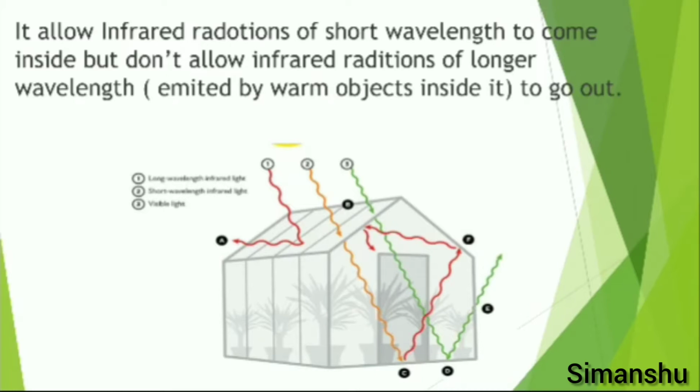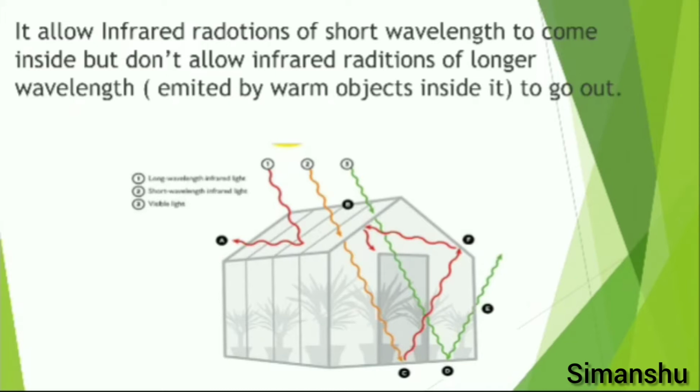And third is visible light. Both the second and third, short wavelength infrared light and visible light, are able to enter the greenhouse, and then after coming inside they are getting reflected.